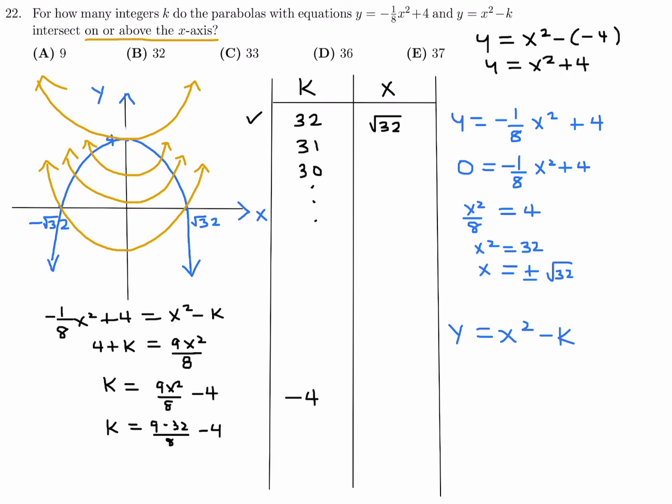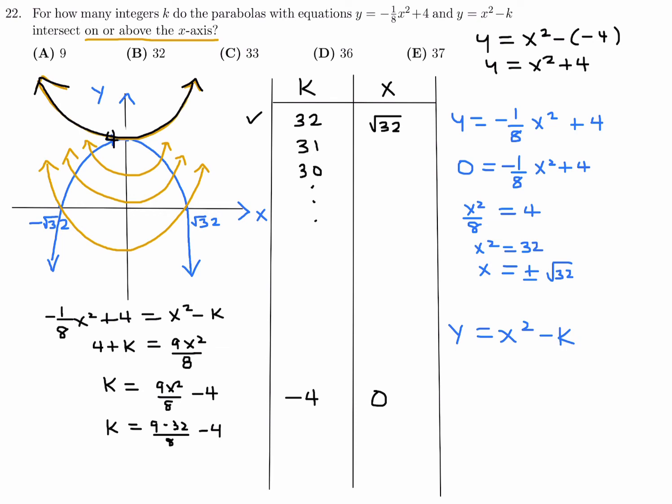So that means it would basically be right here, where this is 4 right there. Okay, so minus 4 is the very last one, and just if you're wondering, when k is minus 4, the x value will be 0, right? You can use this equation to figure that out.